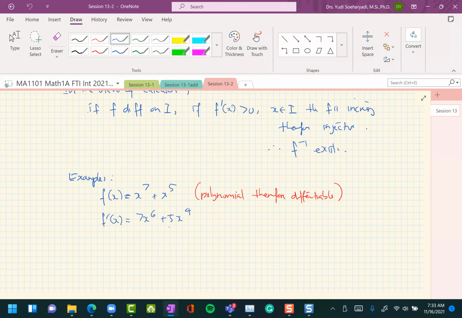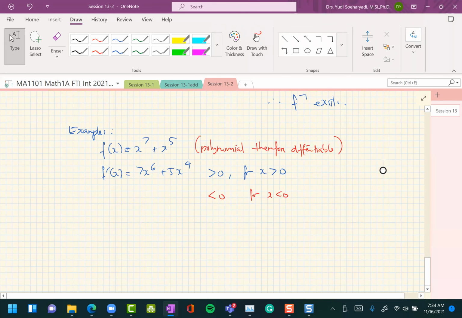So you see that this function has a... because the derivative is not... monotone. Yes, sorry, it's wrong.